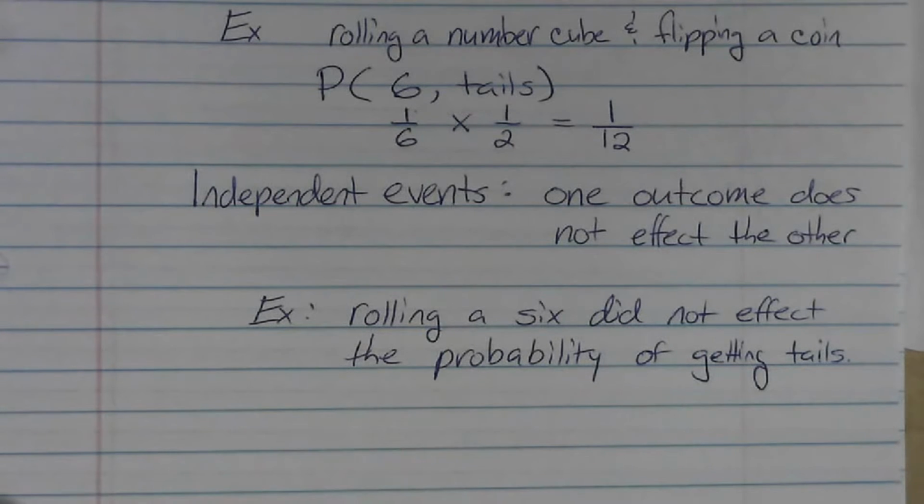If we get a 6, that doesn't mean all of a sudden we're going to get tails when we flip the coin, or if we rolled a 4, it doesn't mean we would get heads. Rolling the number cube is completely independent of flipping the coin, so one has no bearing on the other whatsoever.